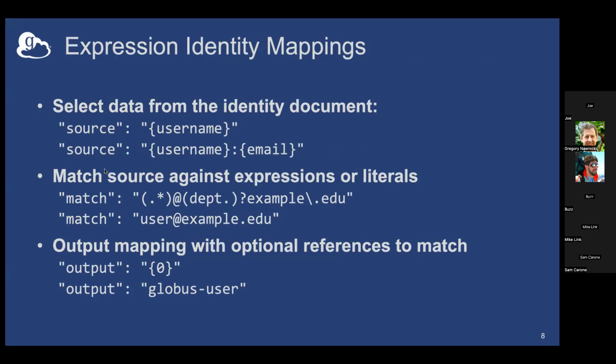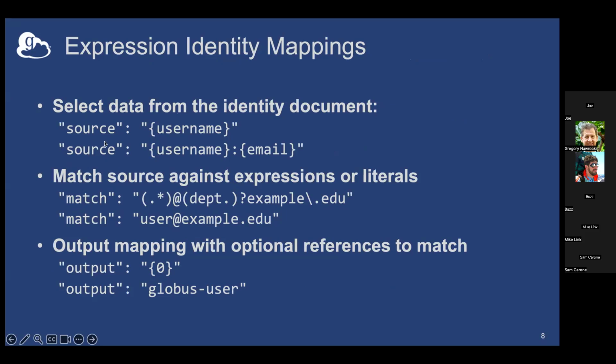So within expression identity mappings, you can select any of the fields from the identity document, and you can combine them and substitute them into this source expression. The next step is to have a match expression that's going to compare against the source to generate what the output will be.